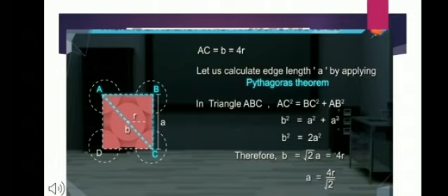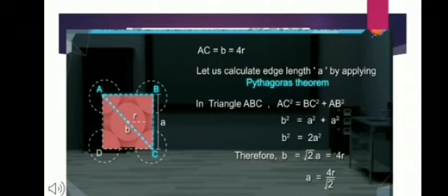Now if you see in the figure, the particles are touching one another along the face diagonal in the face-centered cubic lattice. Let the edge length be a, the radius r, and the face diagonal be b. Now let us calculate the edge length by applying Pythagoras theorem. In triangle ABC, AC square equals BC square plus AB square.